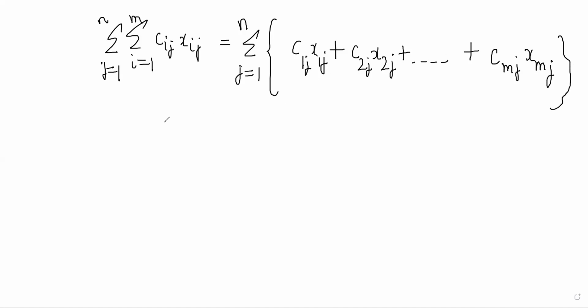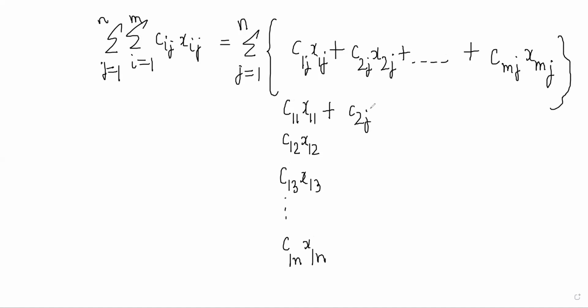And then when you sum it up, you can write it in columns like this: C11 x11, C12 x12, C13 x13 till C1n x1n, and similar columns everywhere, right? C21 x21 and so on. We have to minimize the sum of everything. So then maybe what they mean is we already have a relation for the addition of all the xi's, right?